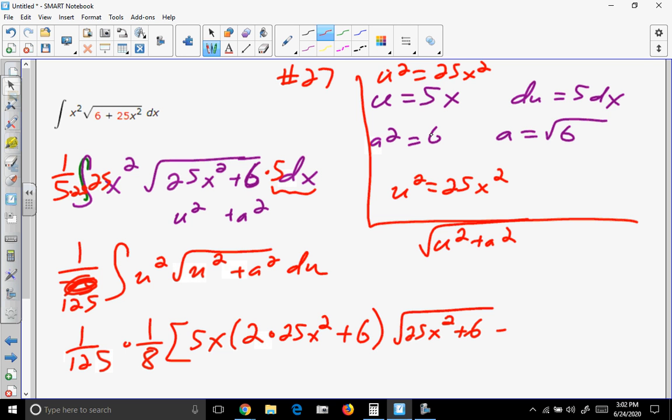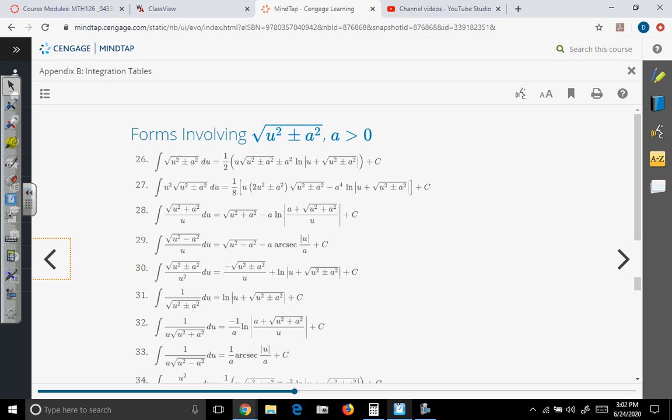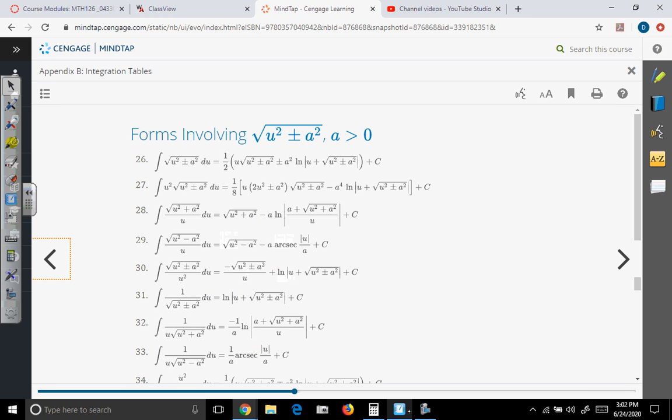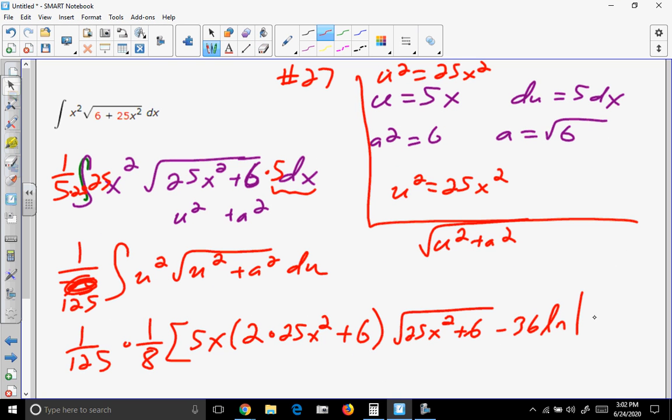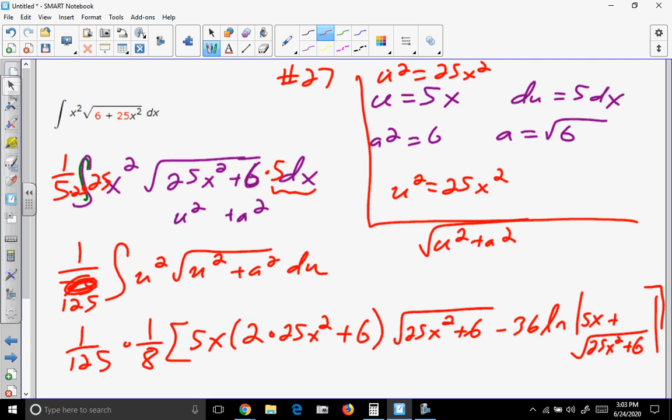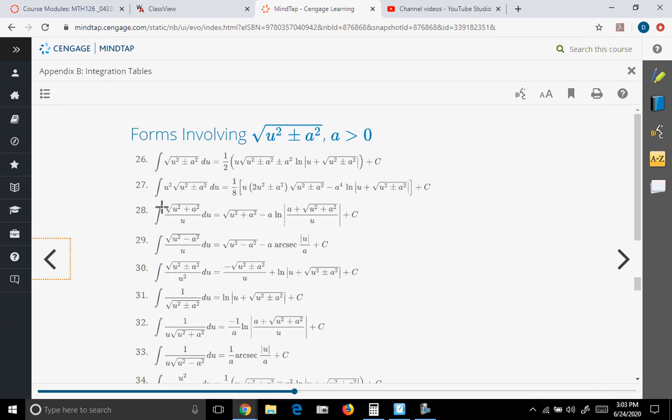Well, if a squared is 6, a to the fourth is 36. Natural log absolute value of u plus the square root of u squared plus a squared. And then that's plus c.